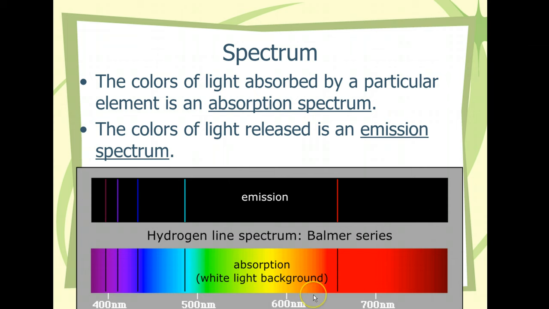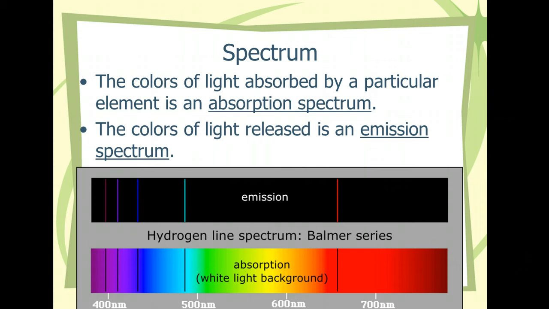So if you look at a spectrum of light and you see little dark bands, that's because the elements in there are absorbing those to make the electrons excited. For emission, you're going to see just bands of color. That means that as the electrons went from an excited state to a ground state, they let out exactly this color, or exactly that color.